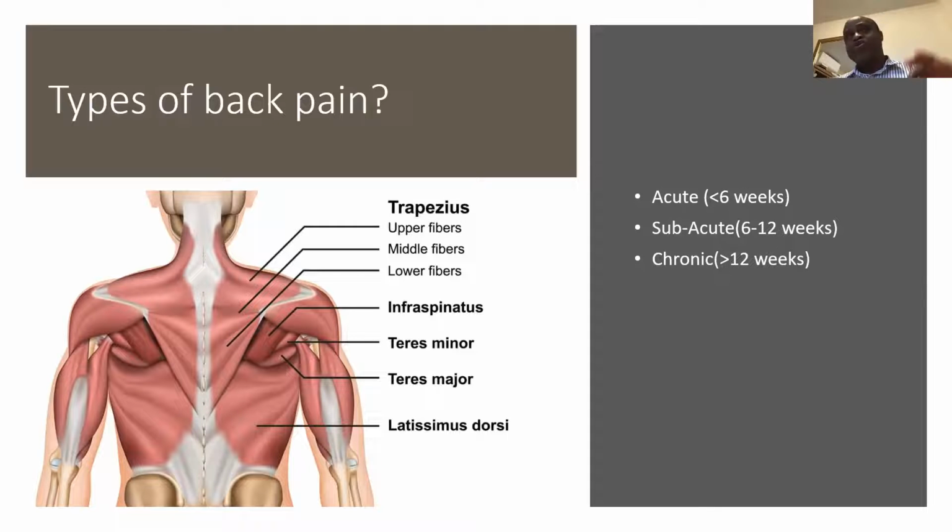And as you know, in the back you've got your muscles, your nerves, your bones, and within these bones you've got some cushion materials, which all can be a little bit dysfunctional and cause back pain. Next slide, please.